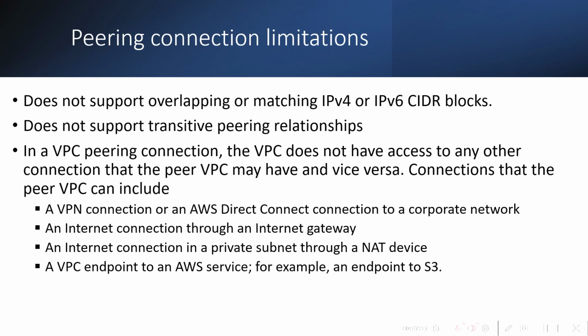That means if VPC B is peered with VPC C, it doesn't mean VPC A will automatically get peered with VPC C. Also, if VPC B is connected by Direct Connect to a corporate network, or has an internet gateway, or internet connection in a private subnet through a NAT device, or a VPC endpoint to an AWS service, for example an endpoint to S3, VPC A cannot use those, so they will not share the connections.